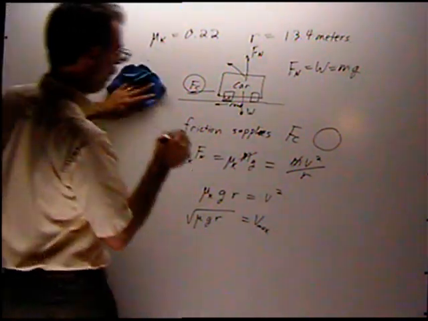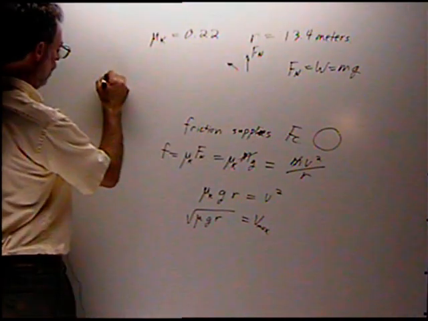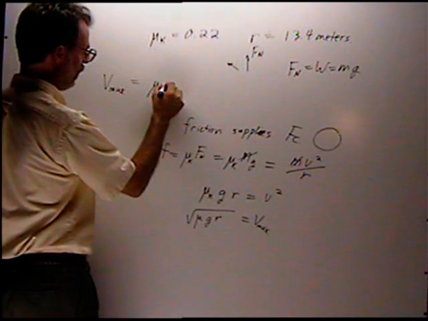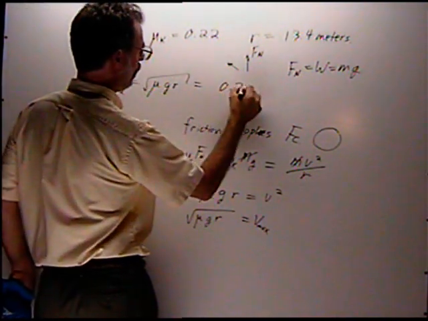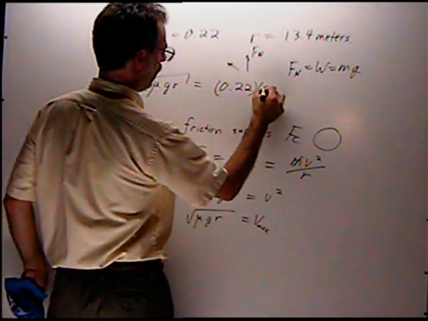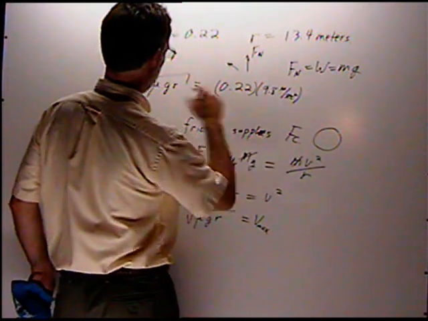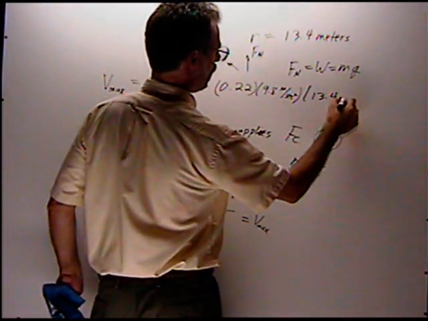So the maximum velocity is the square root of 0.22 times 9.8 meters per second squared times the radius of 13.4 meters.